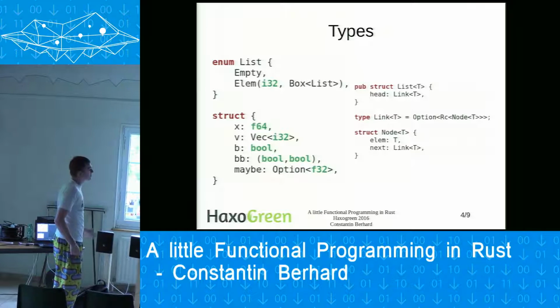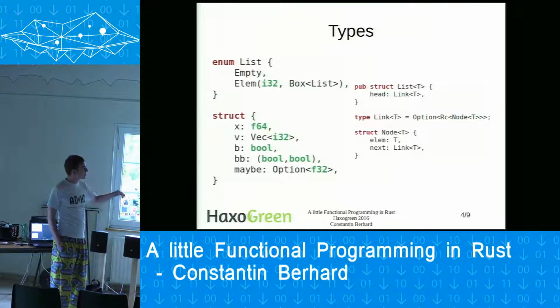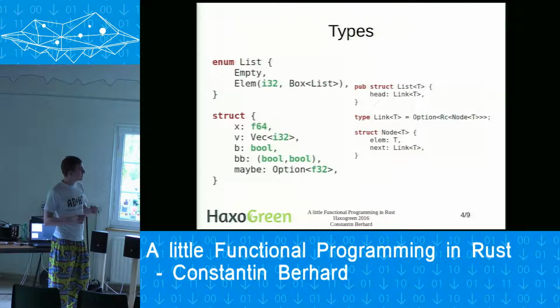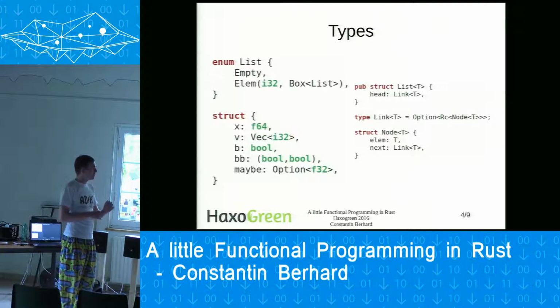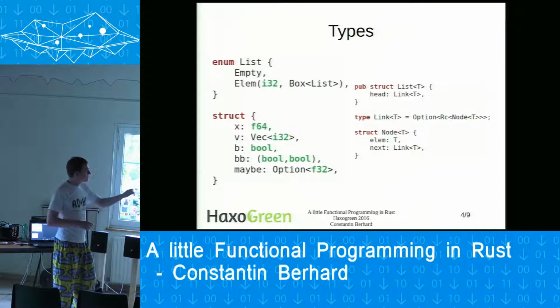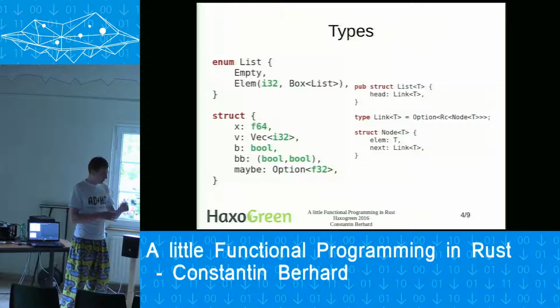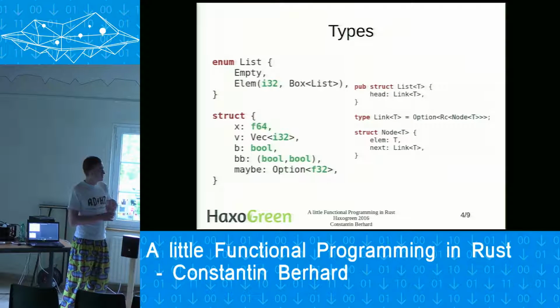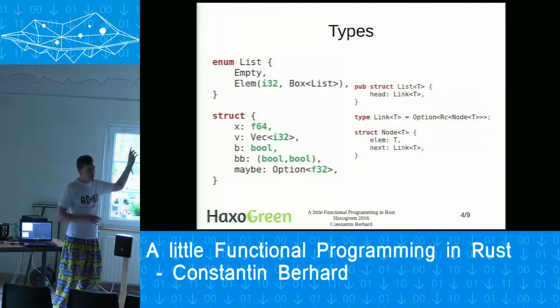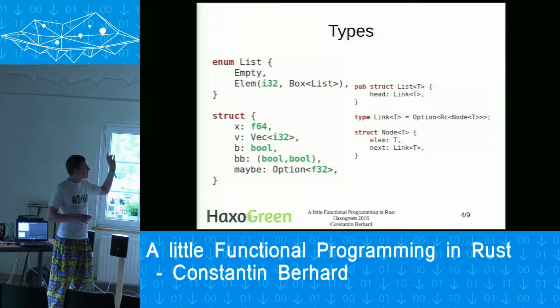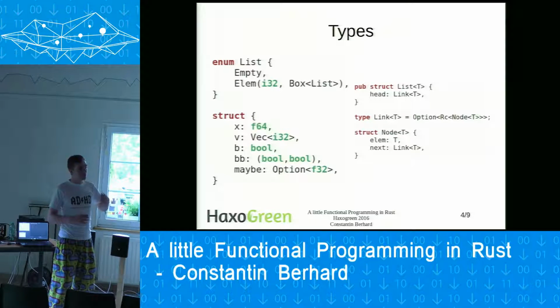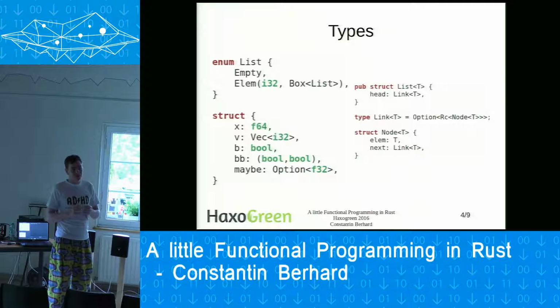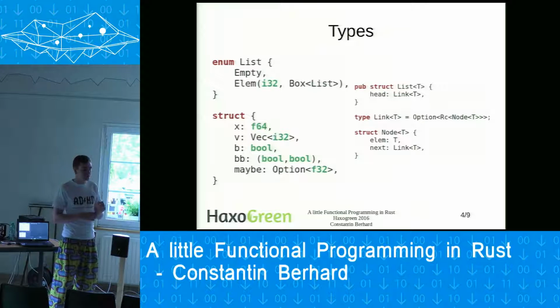Then this is a more useful list that's actually more usable. It's also a singly linked list, but it's more complicated. This RC thing does reference counting. So the top left is a simple linked list, but to actually use it is quite hard because you have to copy stuff all around to satisfy the Rust compiler, which is really strict.